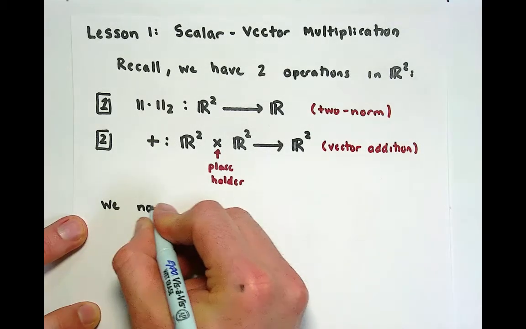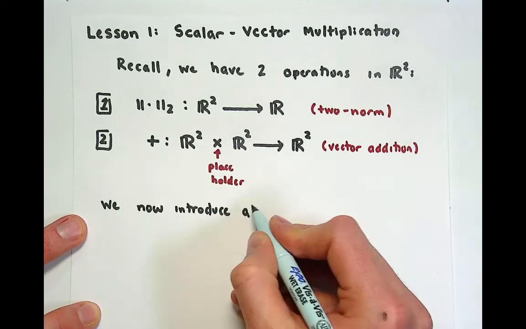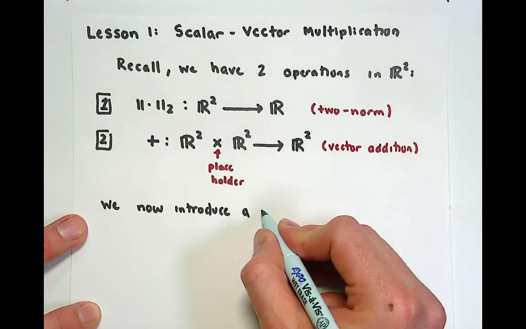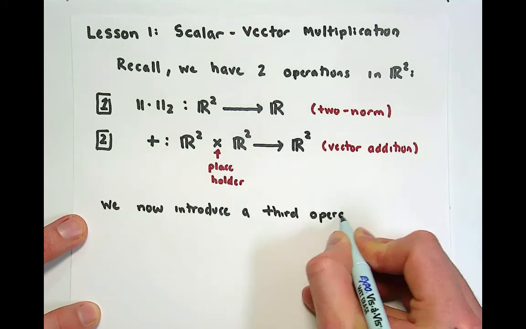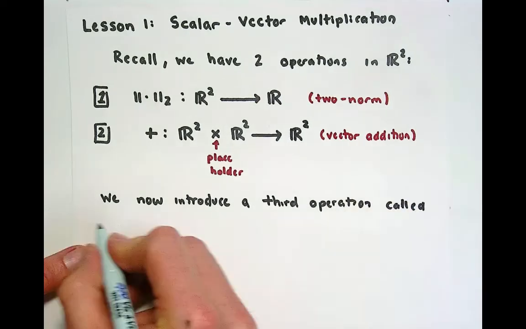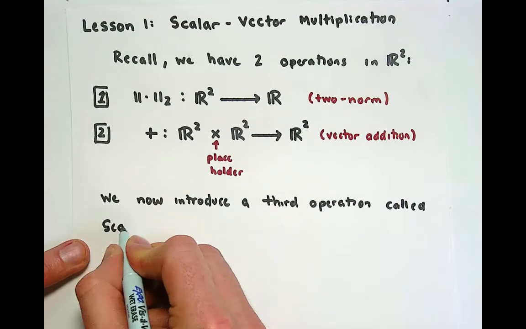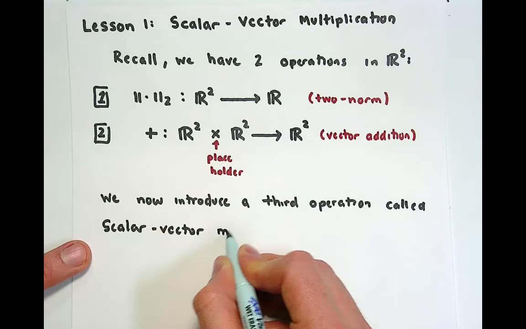We now introduce a third operation called scalar vector multiplication.